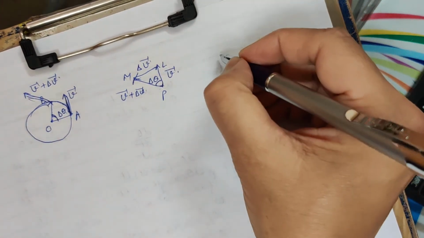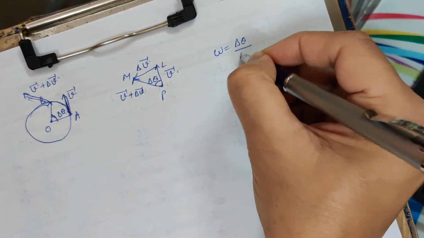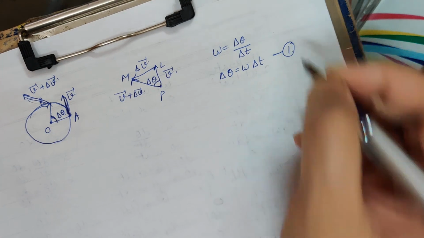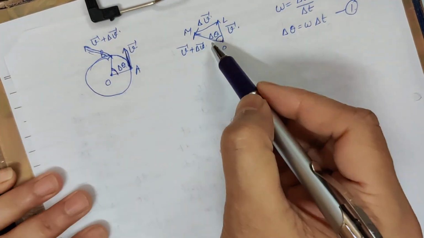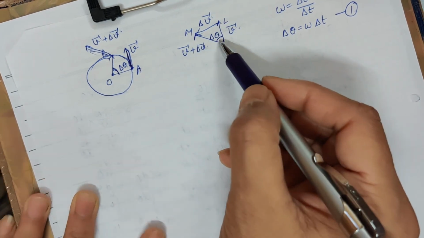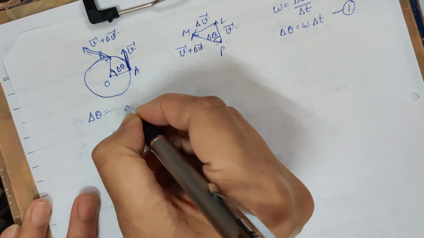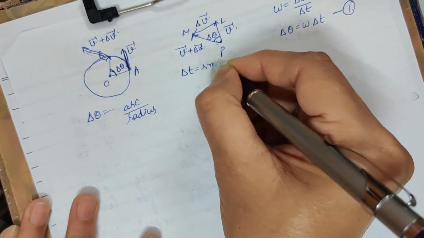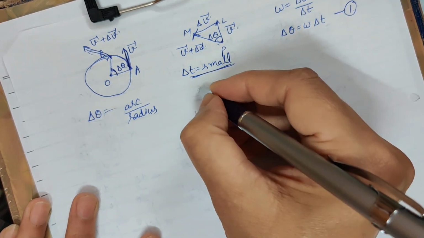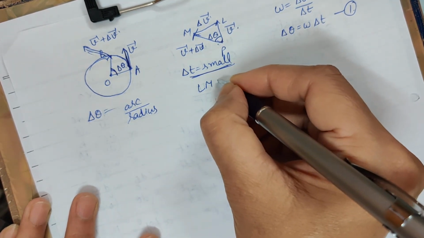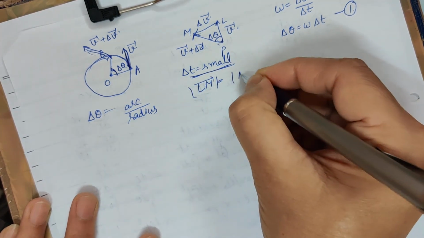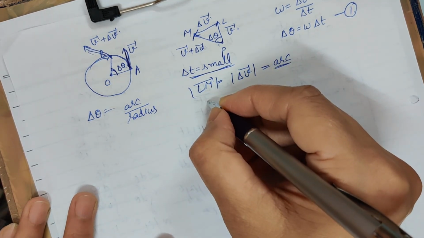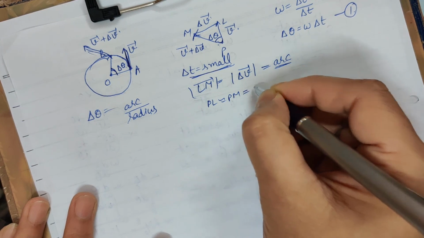Now we have angular velocity, delta theta upon delta t, so delta theta is omega delta t. We consider this the first equation. Now from this, how do we define the angle? Angle is defined as arc upon radius. We are considering a very small time delta t. In this small time, the magnitude of LM, that is delta v, is treated as an arc whose radius is PL, approximately PM, that is v.